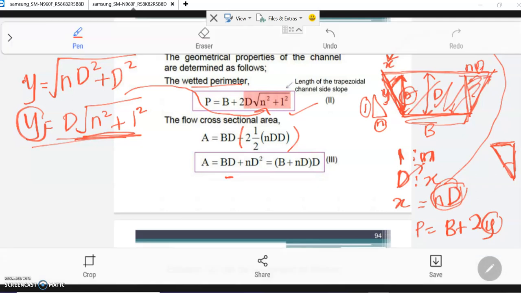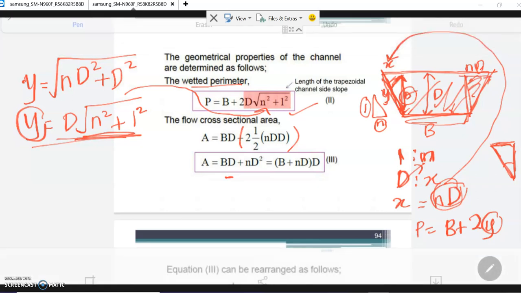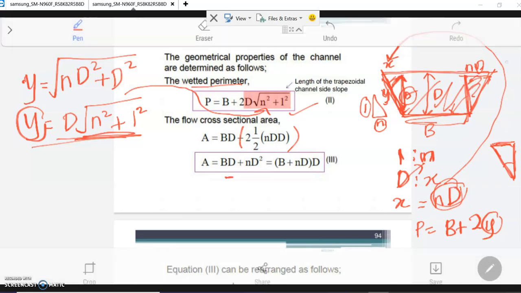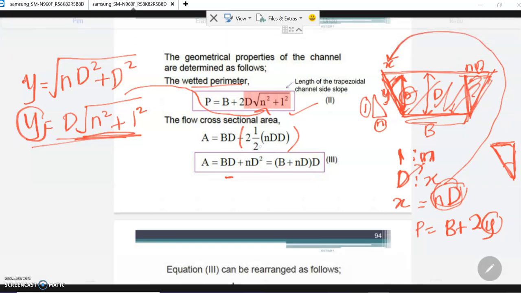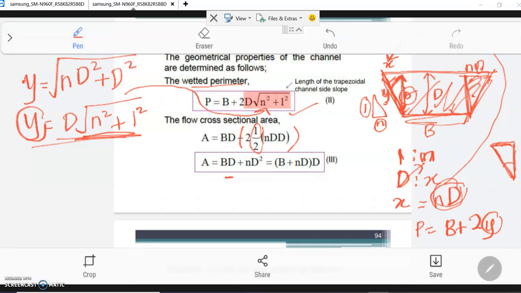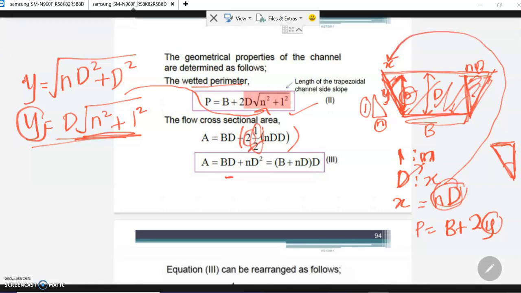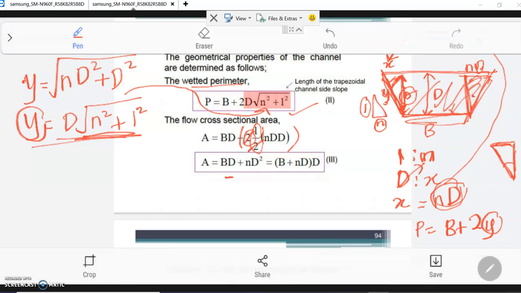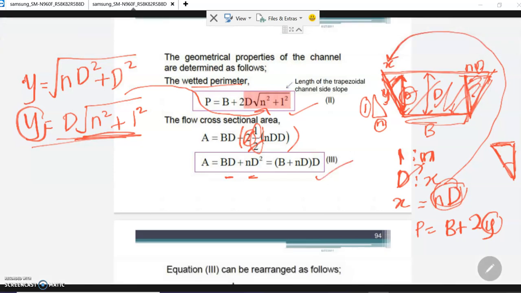So N times D times D half, so divide by 2. Since we have 2 triangle sections, so times with 2, so 2 cancels, so you get N D square. So we simplify, we get B plus N D times with D. Okay, that is the equation for area.